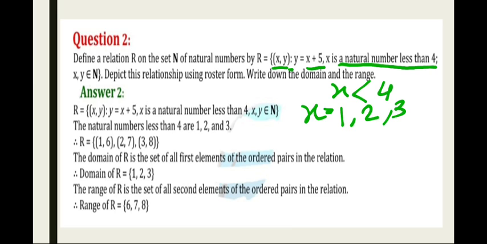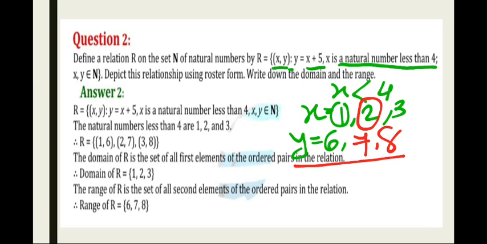Now, when x equals 1, the value of y will be 1 plus 5, that is 6. When x equals 2, the value of y will be 2 plus 5, that is 7. When x equals 3, the value of y will be 3 plus 5, that is 8.